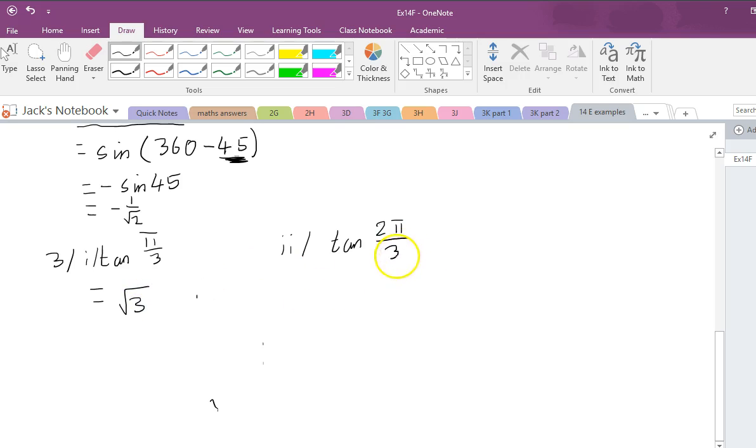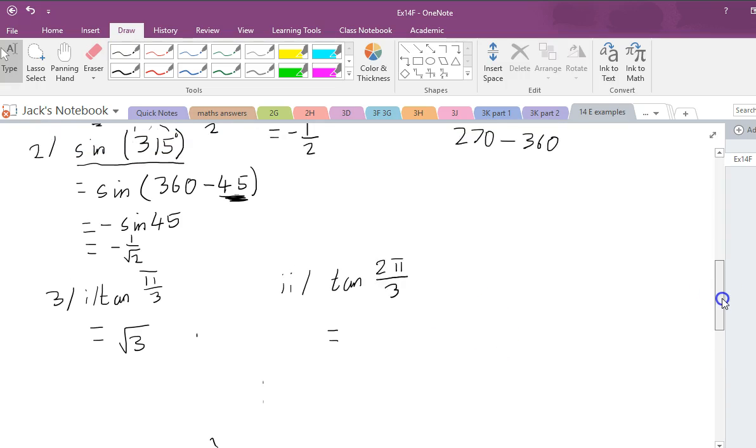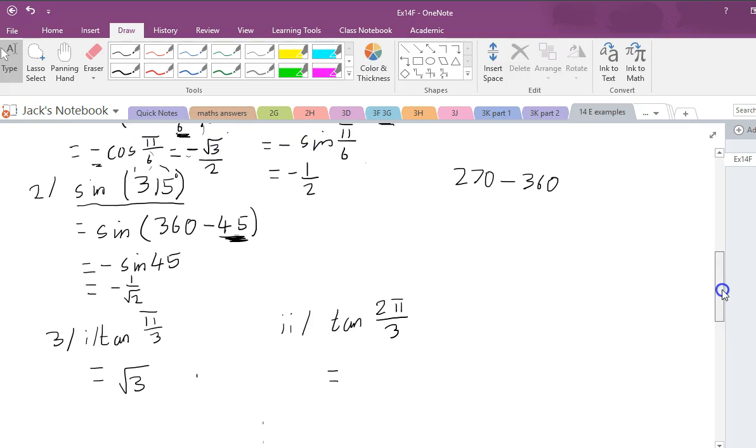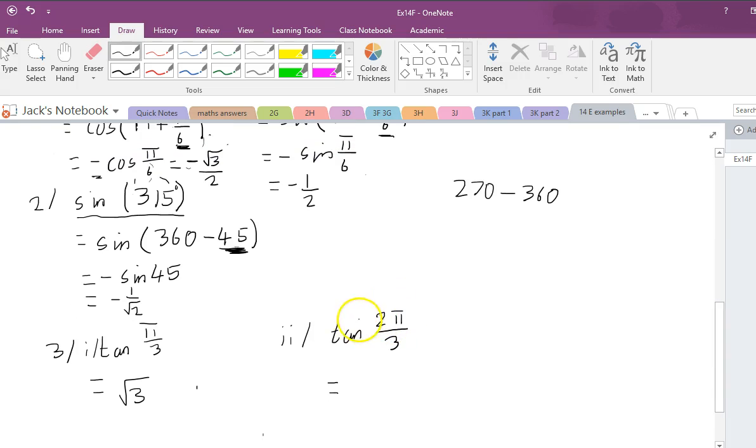Now let's have a look at this one. Tan, hopefully we're able to have a crack at this. Tan of 2 pi on 3, where's that going to lie? Okay, so tan of 2 pi on 3 is between pi on 2 and pi. So it's between a half of pi and pi itself.